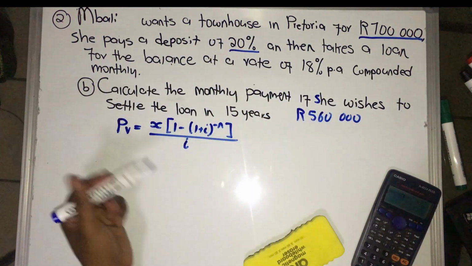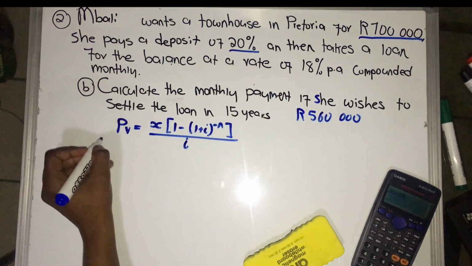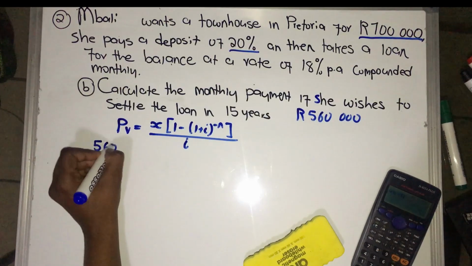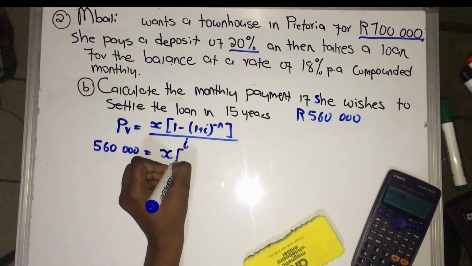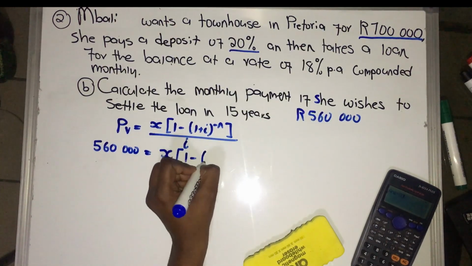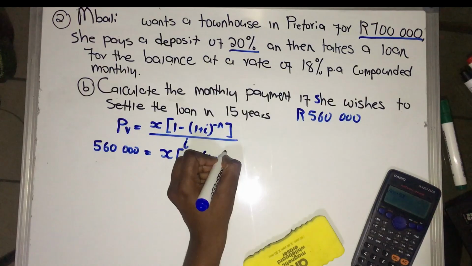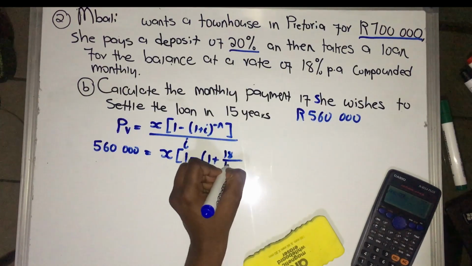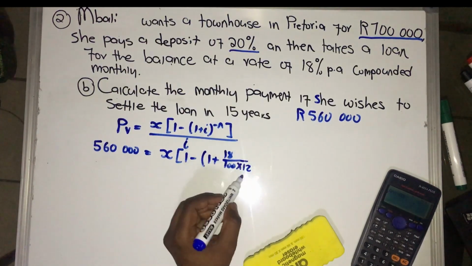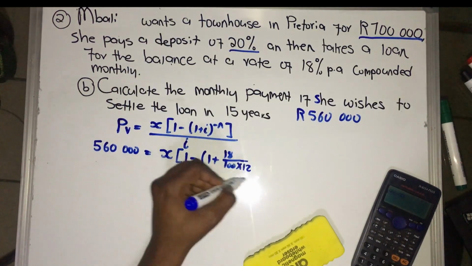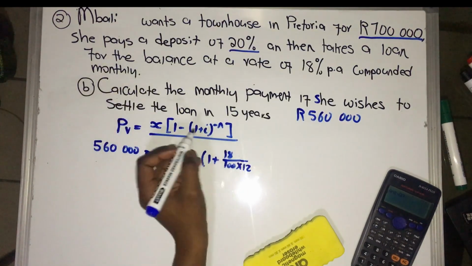We have 12. Okay, but proceeding with the question, so we're going to have 560,000, and then we're looking for the installment, and that's 1 minus (1 plus our i, which is going to be 18% divided by 100, and then divided by 12) to the power minus n. I'm simply dividing the whole thing by 12 to change it to month.